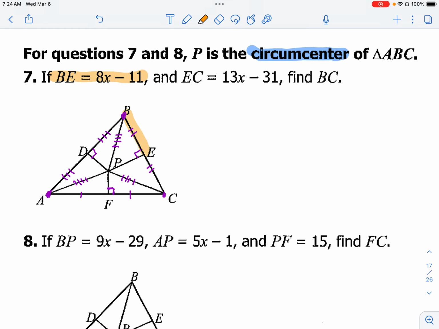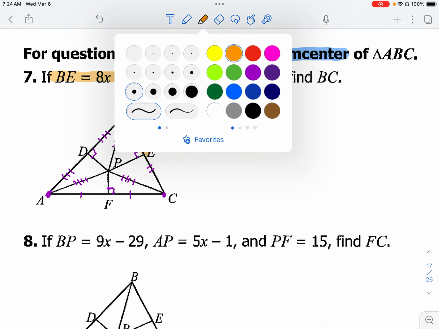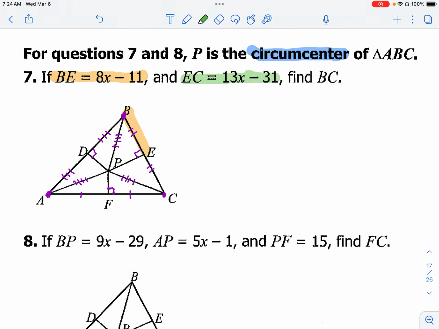BE is here. EC is here. Since that segment's cut in half, we know we can set them equal and solve for x, because we're looking for BC, which is this entire segment right here.